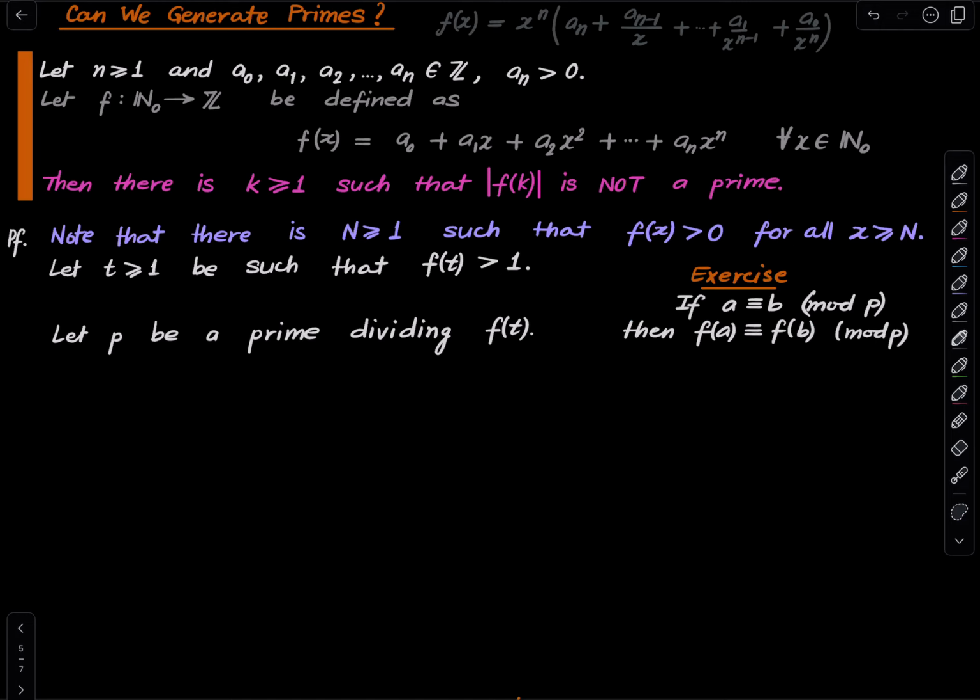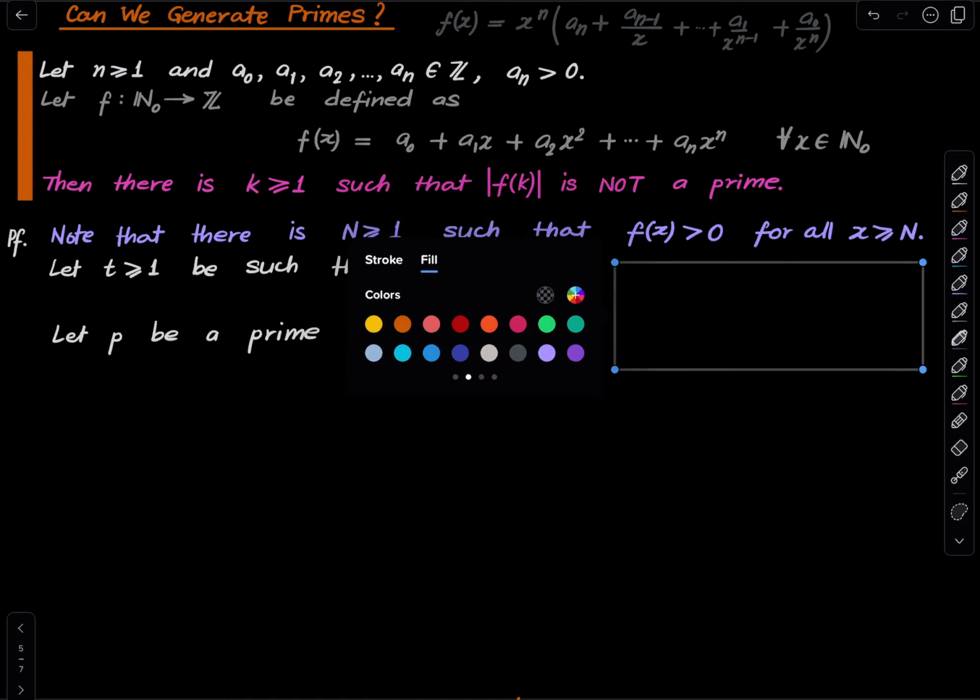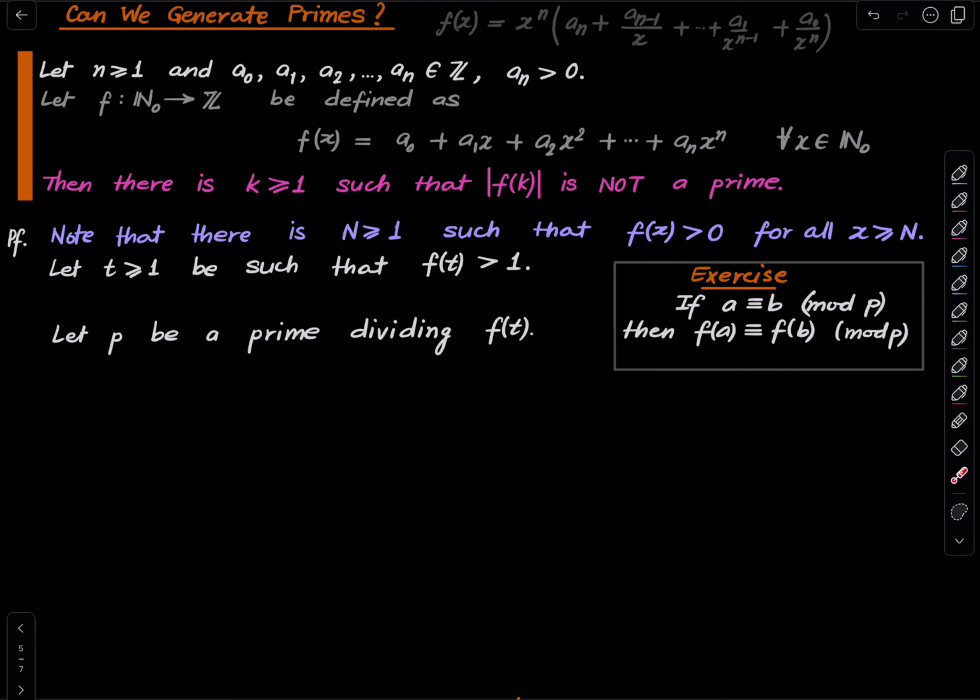It's very easy. And this has really nothing to do with the primality of p. Any natural number here will do. All right, so let p be a prime dividing f(t).